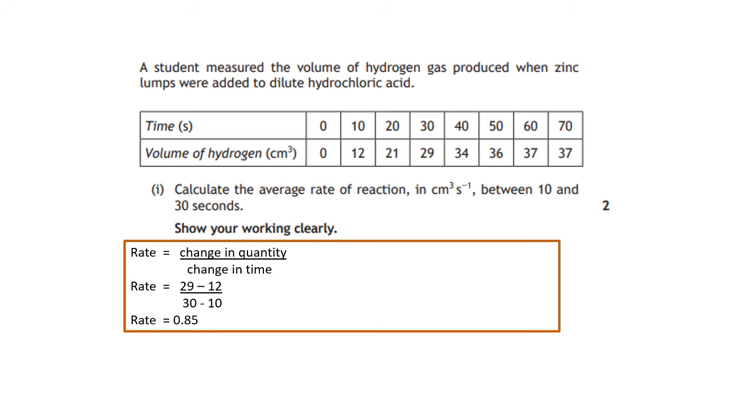Now at 30 seconds, the quantity is 29. That's the volume, it's 29. At 10 seconds, the quantity was 12. So the change in quantity is going to be 29 minus 12, which is 17. The change in time is just our larger time number minus our smaller time number. It's just 30 minus 10, which gives us 20. And our rate then becomes 17 divided by 20, which is 0.85.